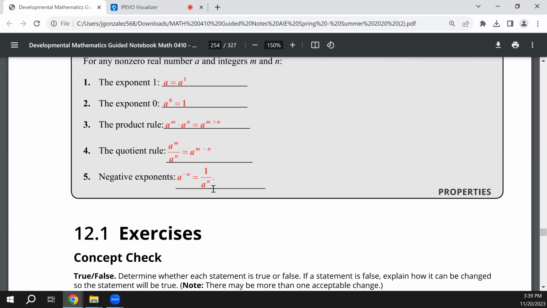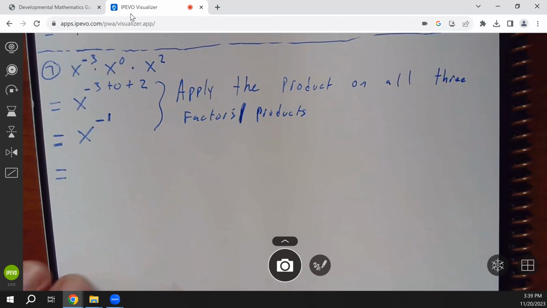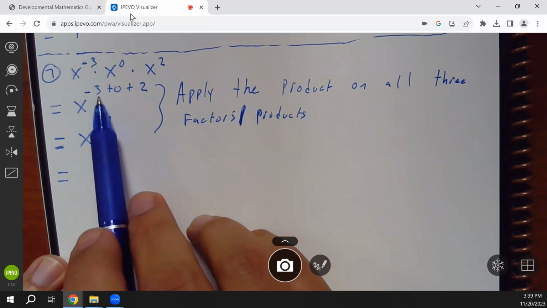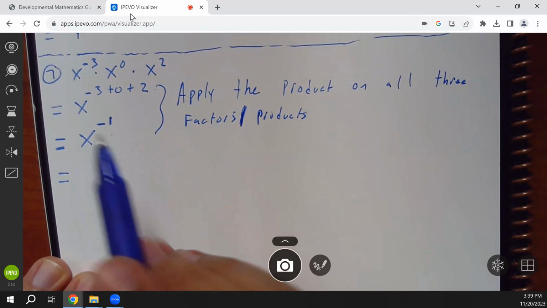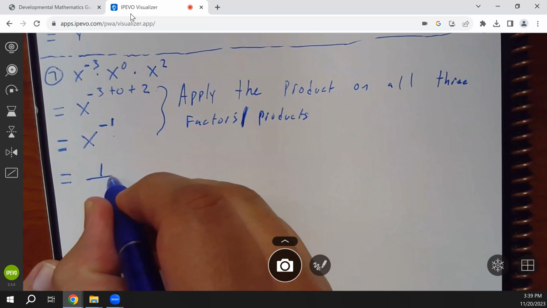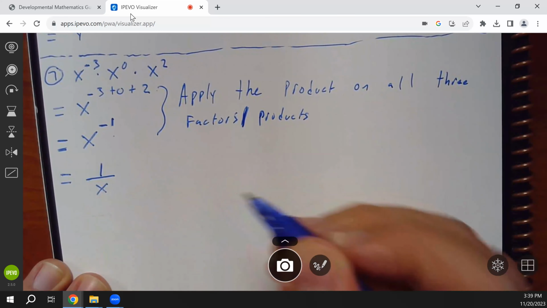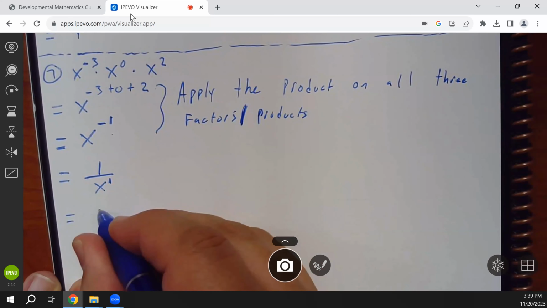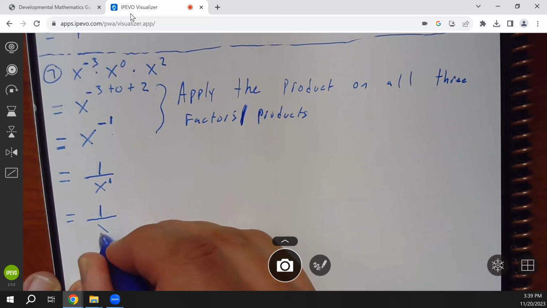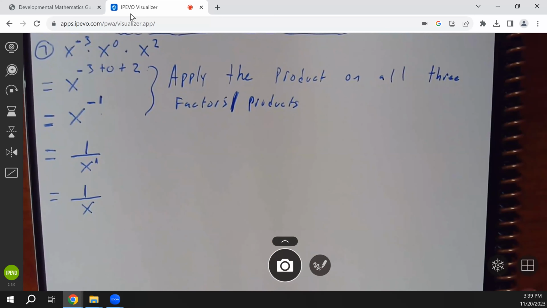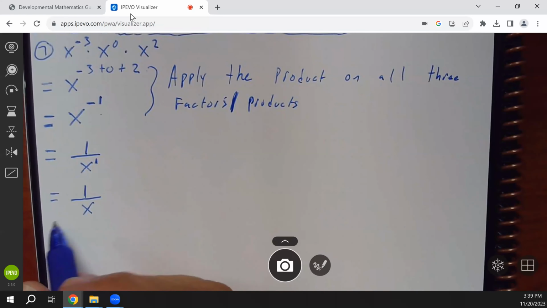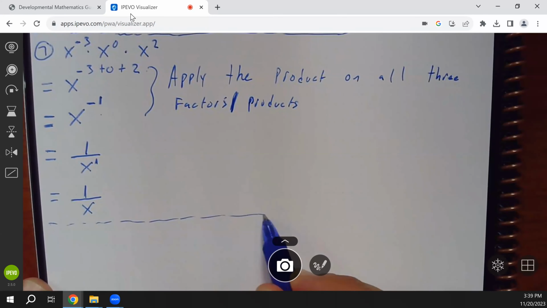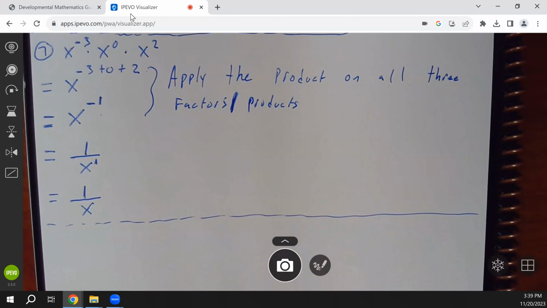If it's negative, we just bring it to the bottom, right? That's it. So product rule on all three, sum them up. We got -1. Now bring it to the bottom. Any questions on this point? Clear?